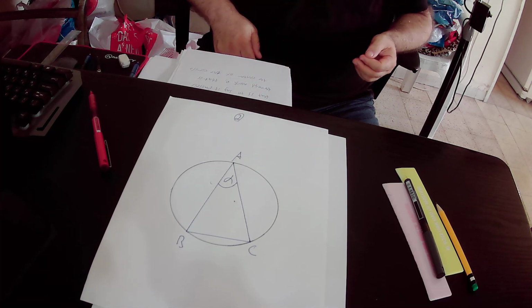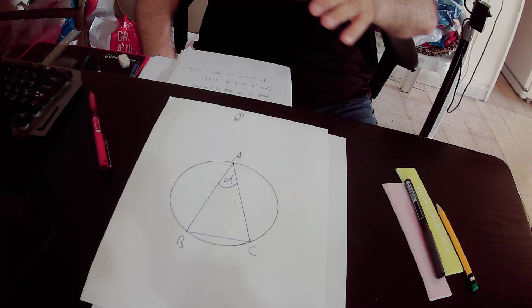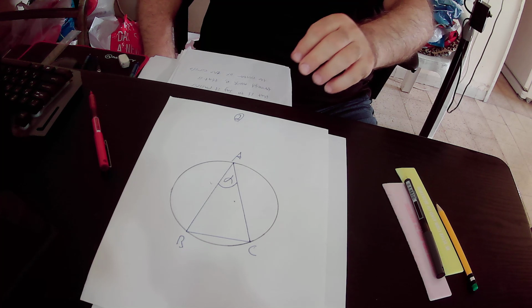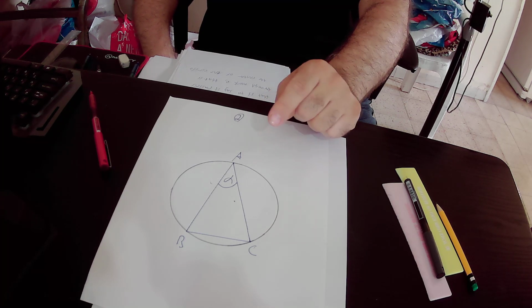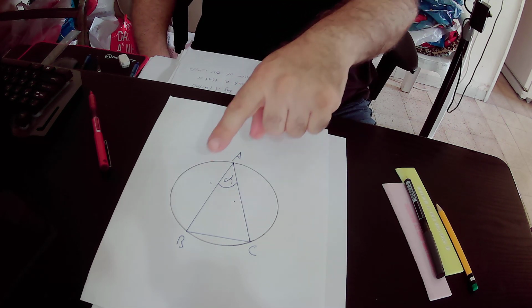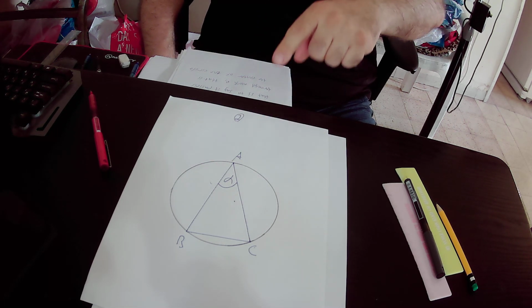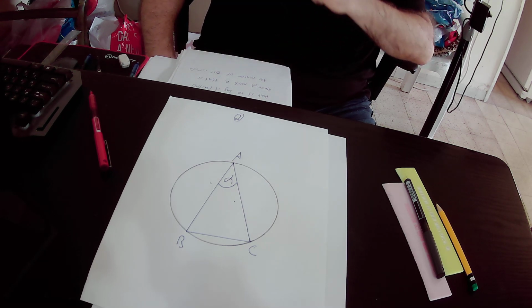Actually, alpha is a peripheral angle because it is inside the circle, and the vertex of angle alpha is at point A, which is a point on the circle itself, and side AB of angle alpha is a chord in this circle, and also side AC of angle alpha is a chord in this circle. So that is the definition of a peripheral angle.